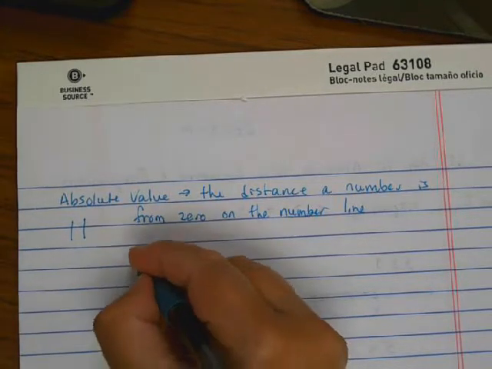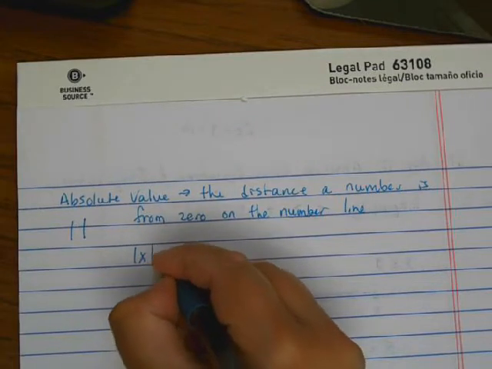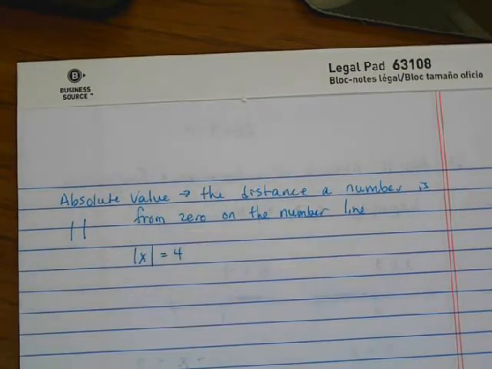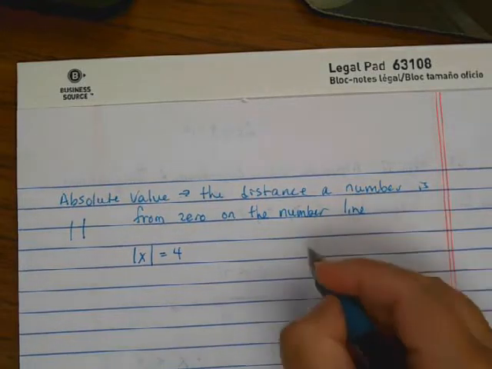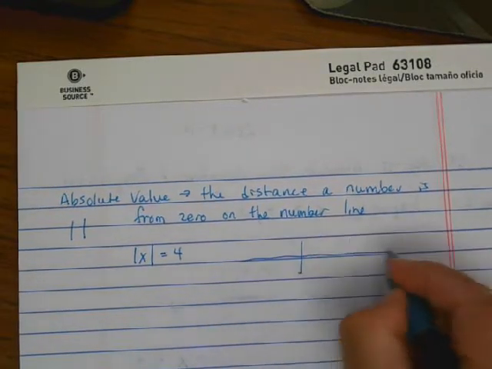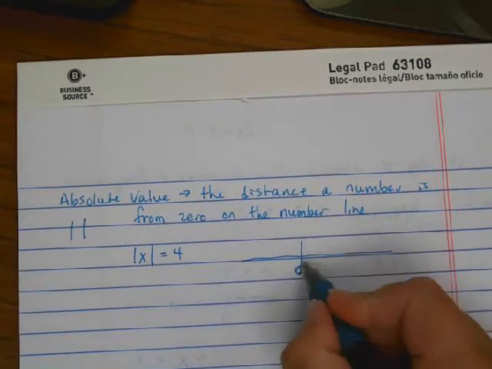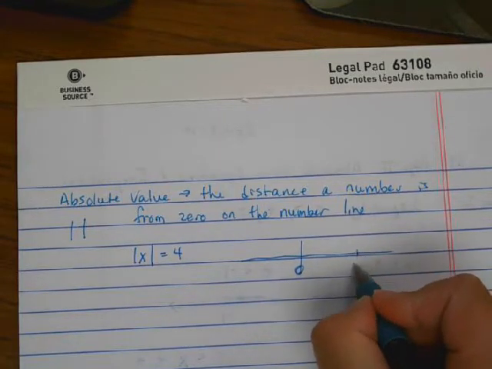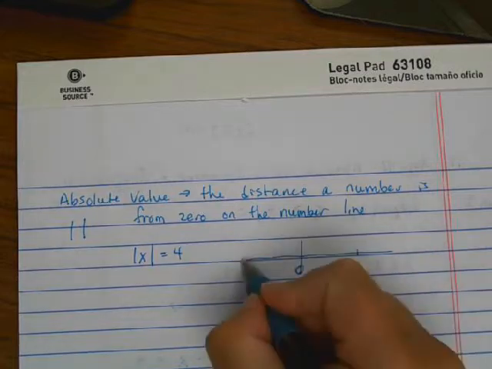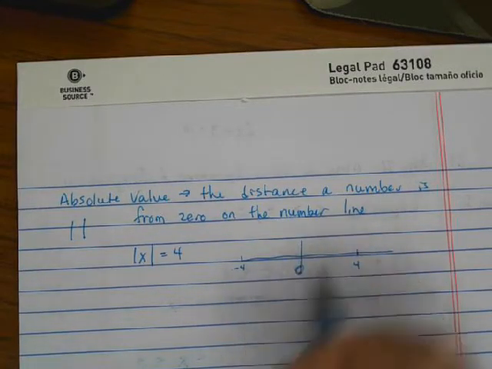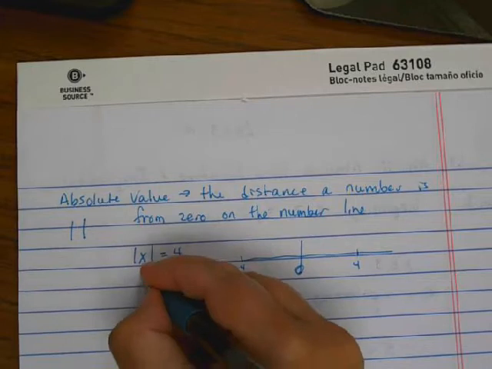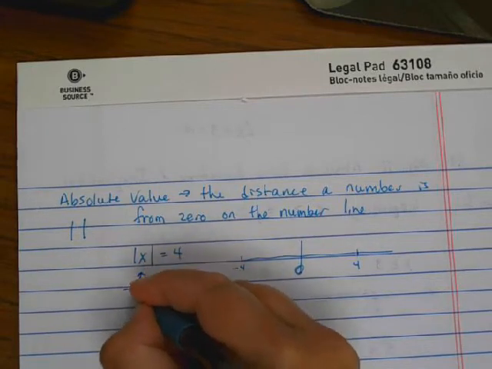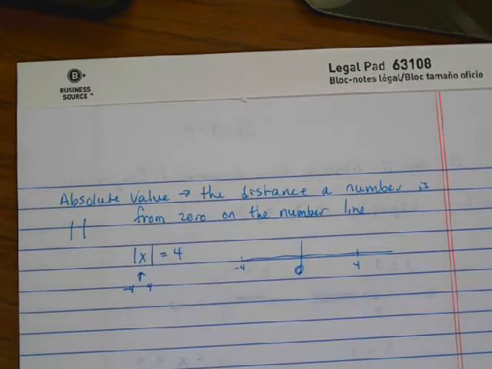So if I had the absolute value of x equals 4, I have to think, if I have a number line, here's 0, what numbers are 4 units from 0? 4 is 4 units from 0, and -4 is 4 units from 0. So the numbers that could go inside of here could be 4 or -4. Both of those would give you a value of 4.